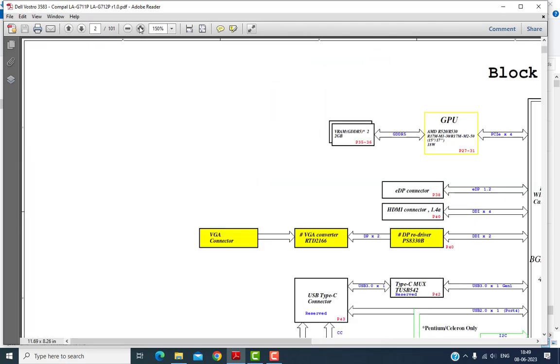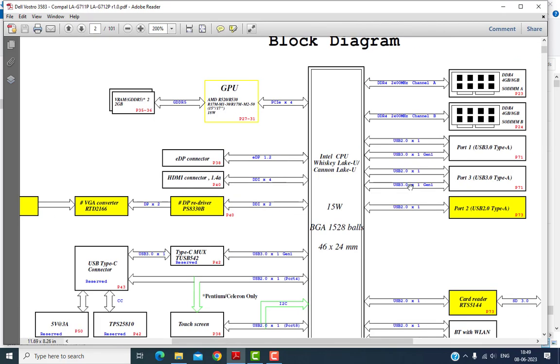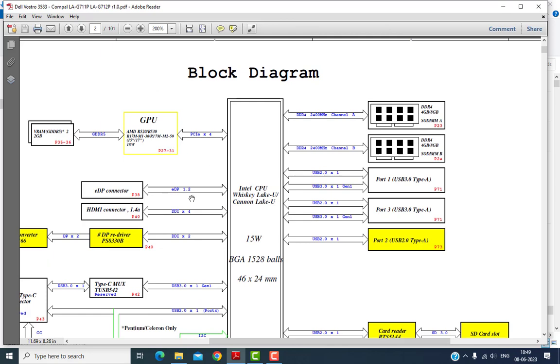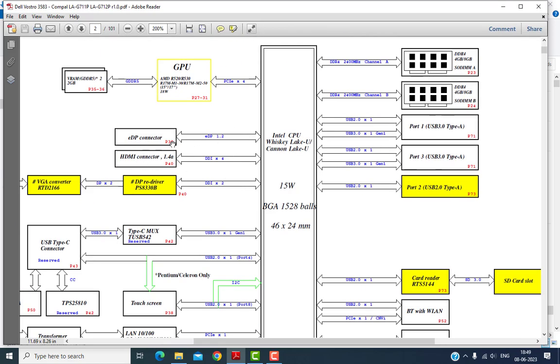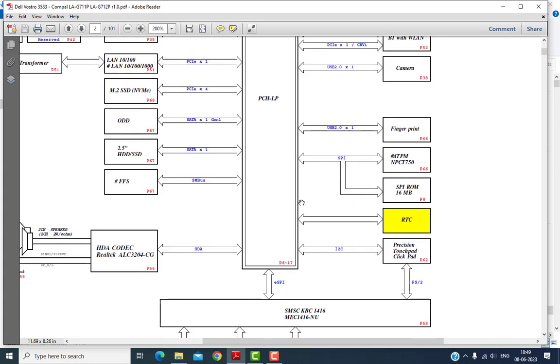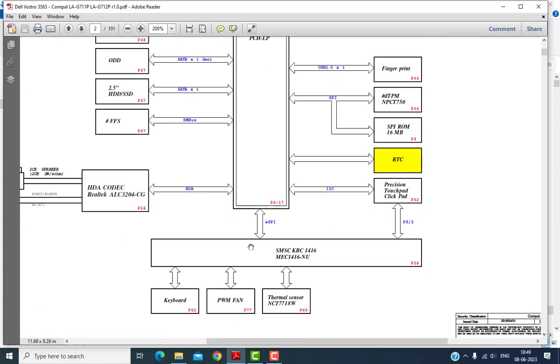I'll just zoom out this page, and we can see here the CPU is an Intel CPU, Whiskey Lake or Cannon Lake. This is the BGA 1528 balls, and different things are connected, like the ADP connector, then HDMI connectors, USB, then graphics, then RTC, audio, then SIO, SMSC, KBC.